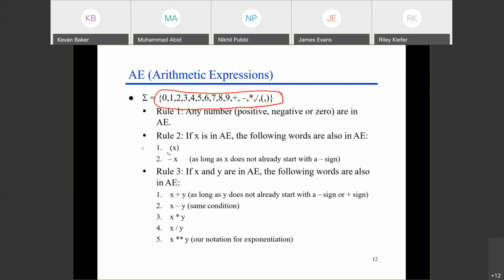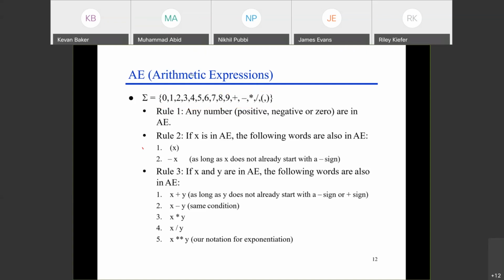Then we are saying rule 3. If x and y are in arithmetic expressions, then following words are also in arithmetic expressions. You can add two words, you can subtract, multiply, divide, or exponent. So all these are valid arithmetic expressions. And rule 4, there is no other rule than rule 1, 2, and 3 to generate the arithmetic expressions.